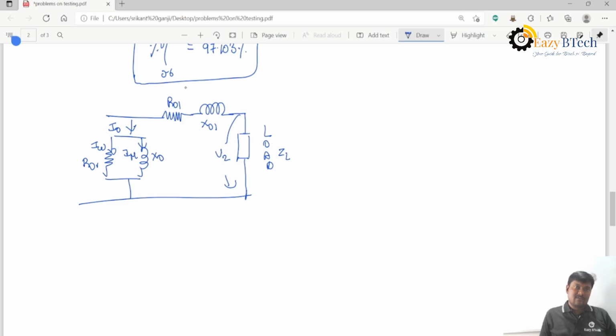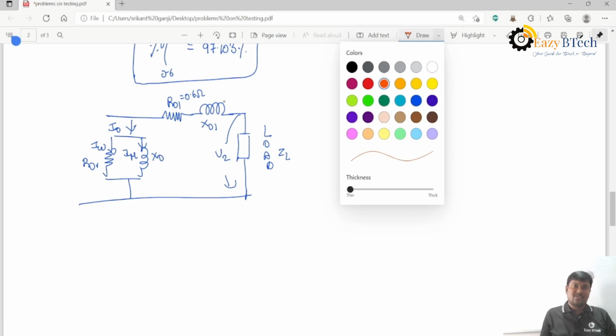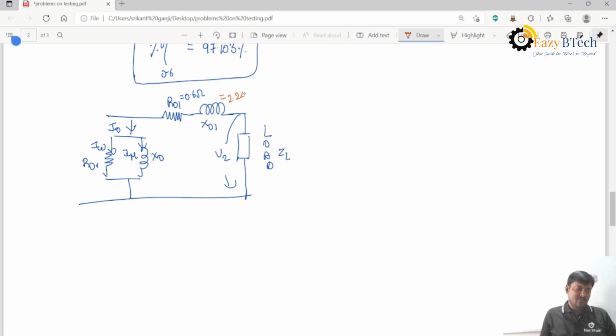The R01 value is 0.6 ohms. X01 is 2.4269 ohms. And the R0 I obtained as 5000 ohms. X0 is 502.52 ohms. And here high voltage, that is 500 volts.